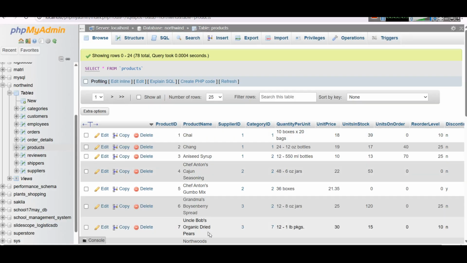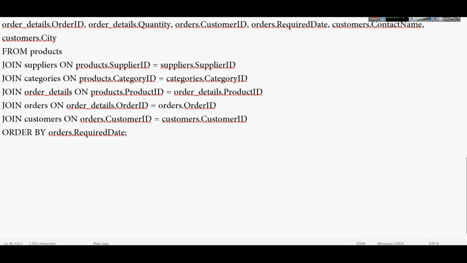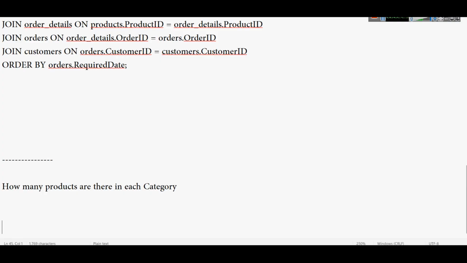Let's say someone asks you a simple question: how many products are there in each category? The question is simple, how many products are there in each category.